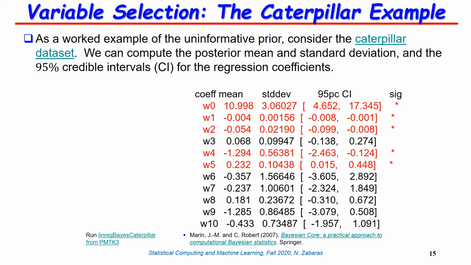So effectively, you can use these confidence intervals and this nice trick, checking if the zero value belongs in your 95% credible interval.